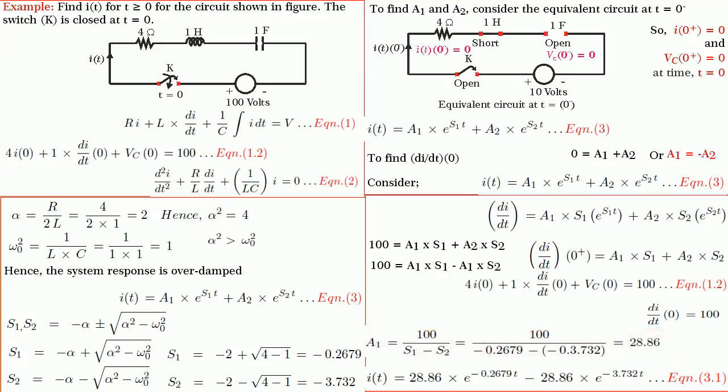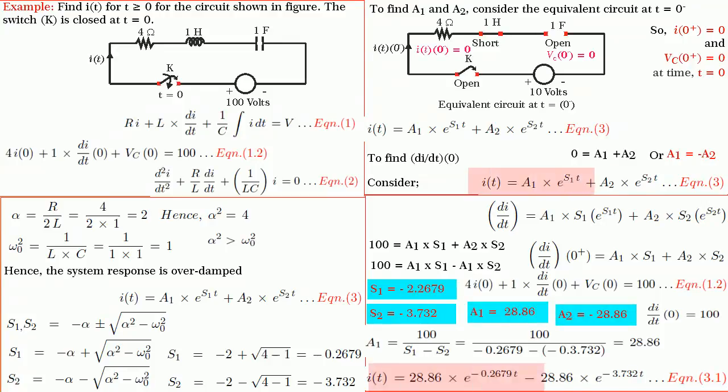Now, substituting s1, s2, a1, a2 in the system solution, we get i(t) equal to 28.86 times e to the power of minus 0.2679 t minus 28.86 times e to the power of minus 3.732 t. Friends, this is the complete solution for i(t).